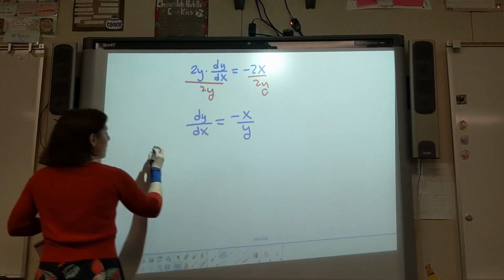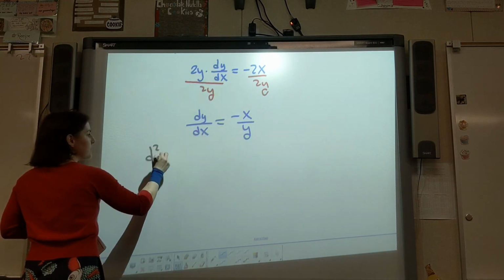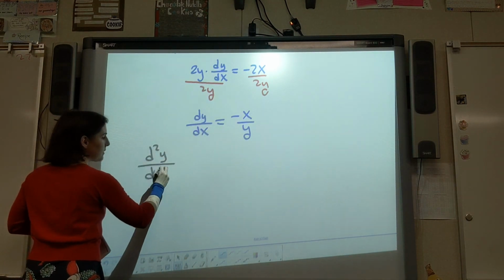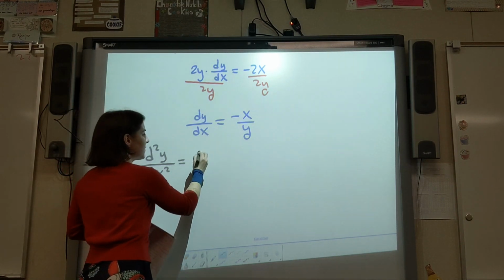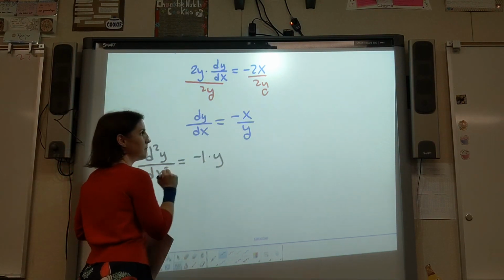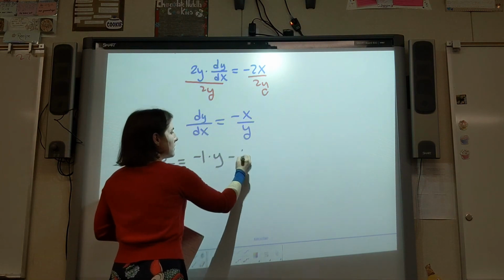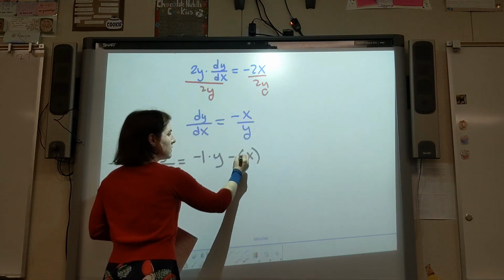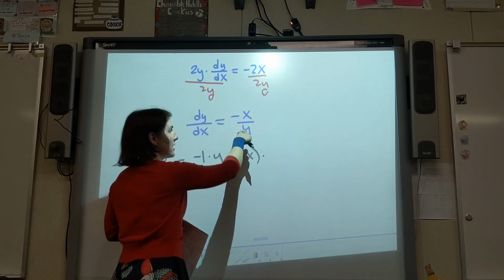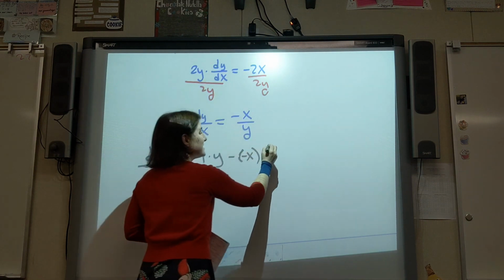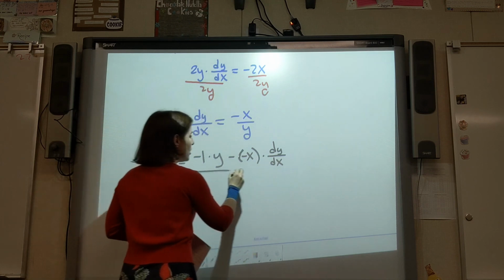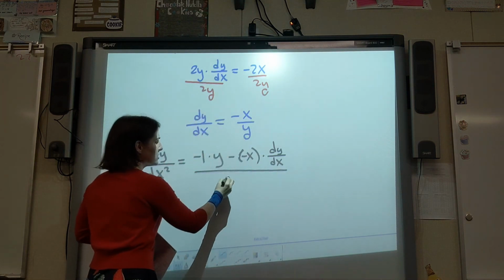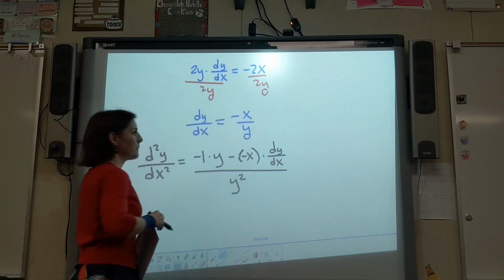So now, the second derivative of y with respect to x both times is quotient rule. The derivative of the top times the bottom minus the top times the derivative of the bottom, and the derivative of y is dy/dx, all over the bottom, which is y squared.